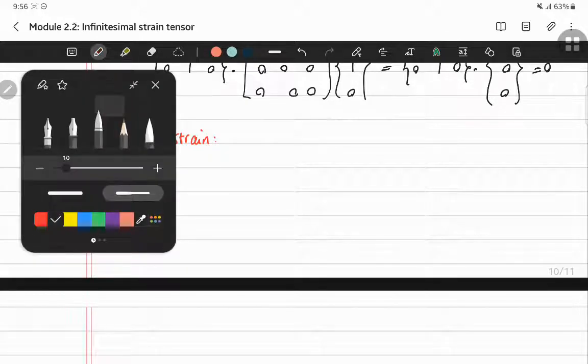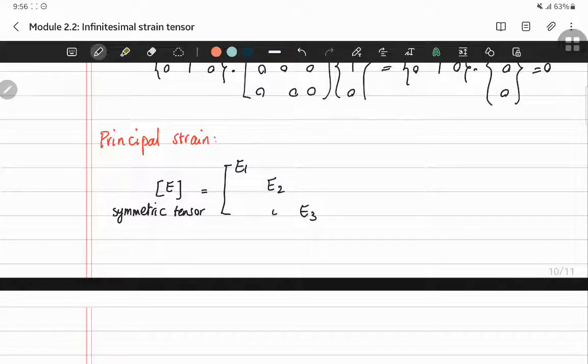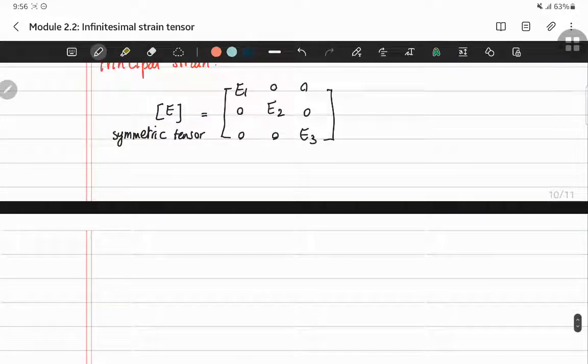So you know that E is a symmetric tensor. Therefore, you expect it to have three principal values, E1, E2, and E3, which you can find from what you learned in the previous module on eigenvalues and eigenvectors.